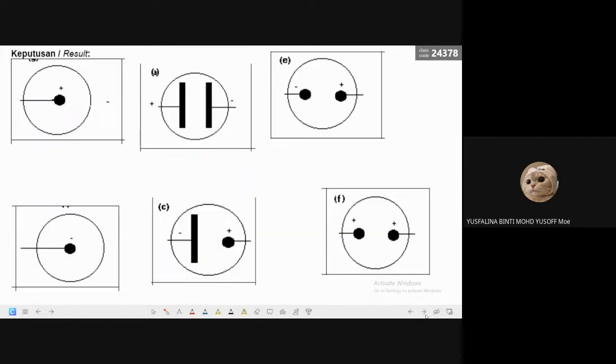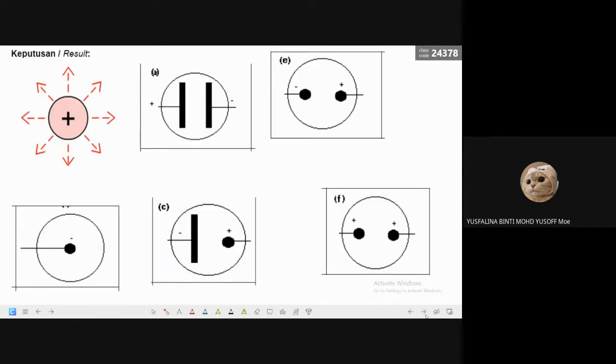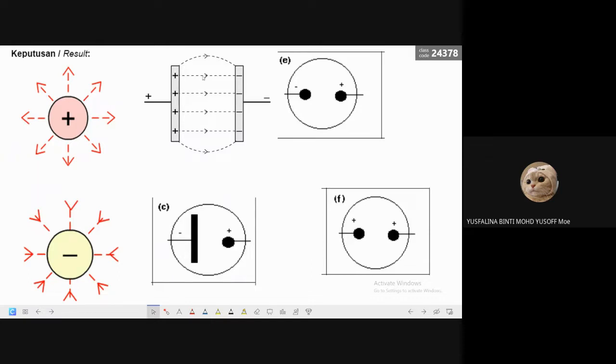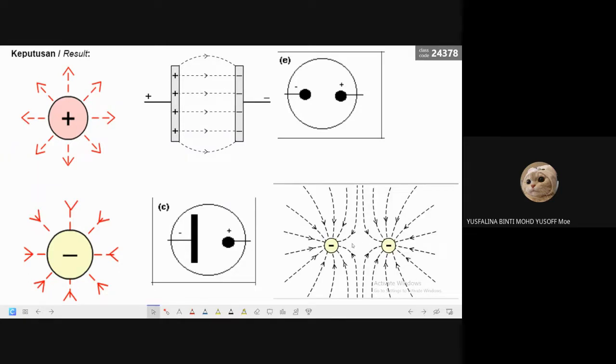Right. So this is the result: the positive charge is going out, and the negative will be going in. And this one is the plate, positive to negative. And this one is negative and negative, because negative will oppose, right? They will oppose each other.